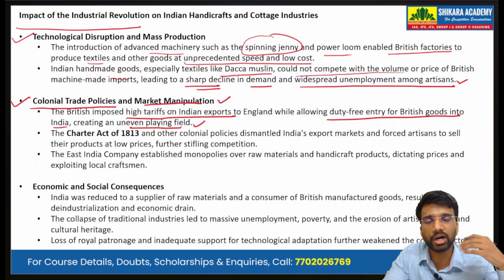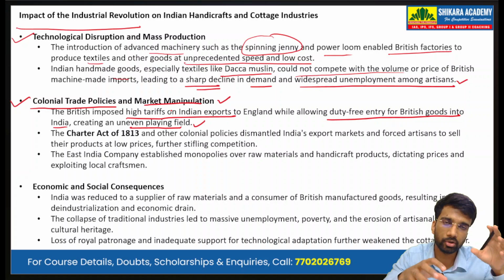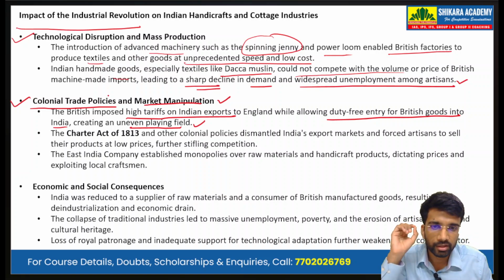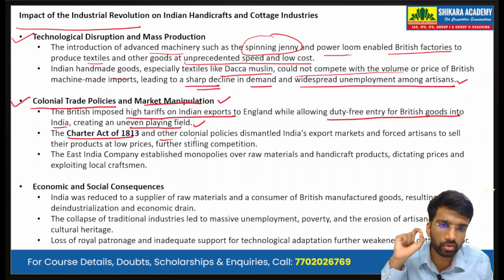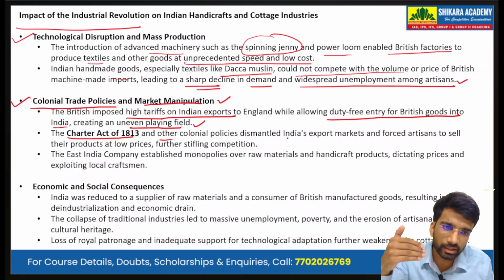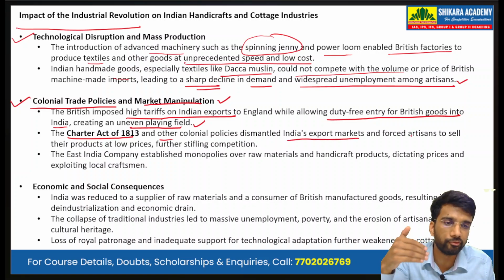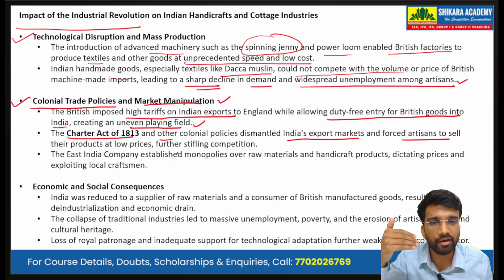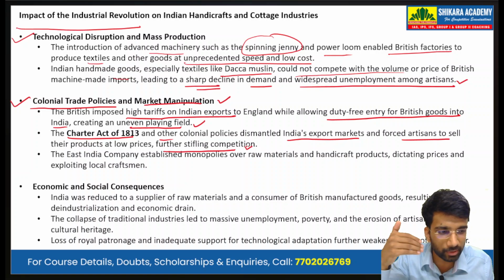They imposed very high tariffs on exports from India to England, but goods coming from England to India were duty-free. The Charter Act of 1813 and other colonial policies dismantled India's export markets and forced the artisans to sell their products at low prices, further stifling competition.